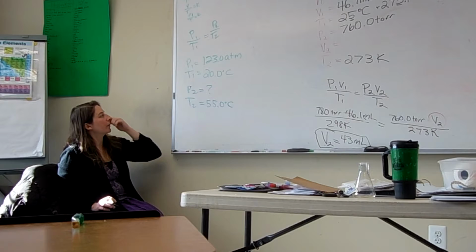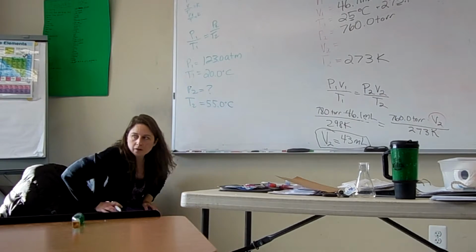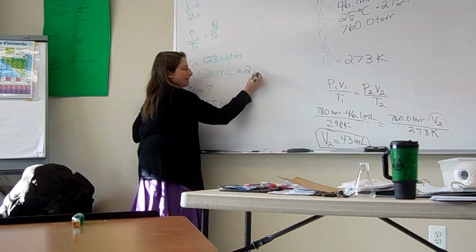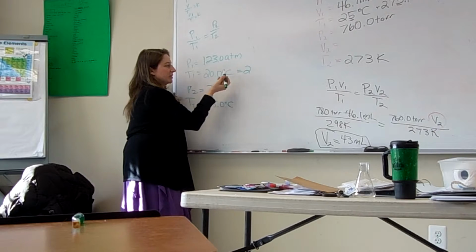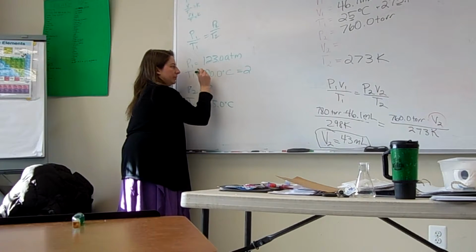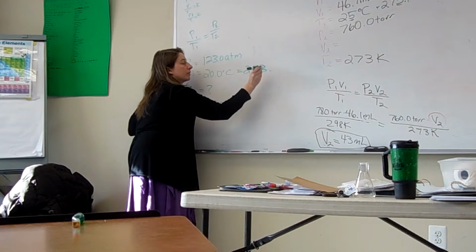So, how are we going to change 20 and 55 to Kelvin? You just add 273.15. 273.15 plus 20 is 293.15.